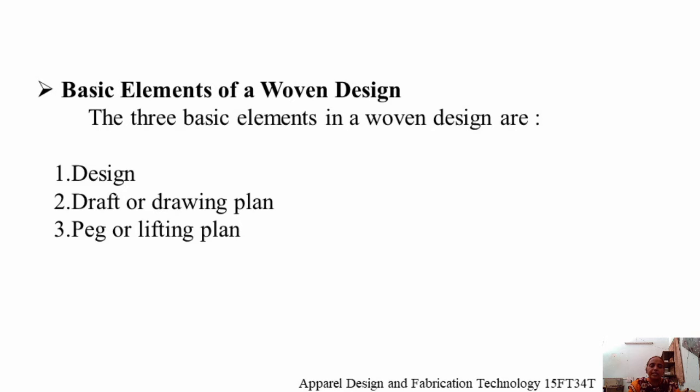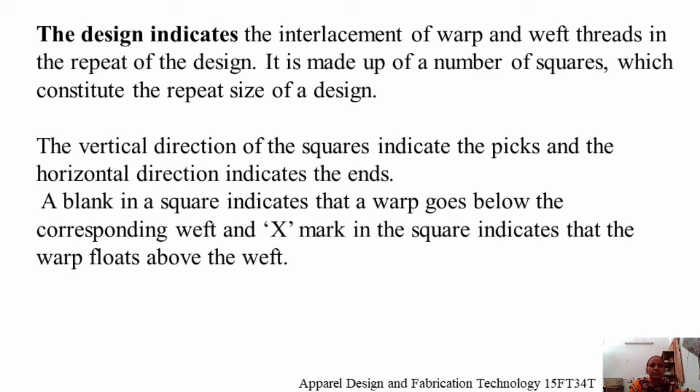You can fill up the square blocks, or put a cross mark, or put a dot. So this is about the point paper design. The design indicates the interlacement of warp and weft threads in the repeat of the design.